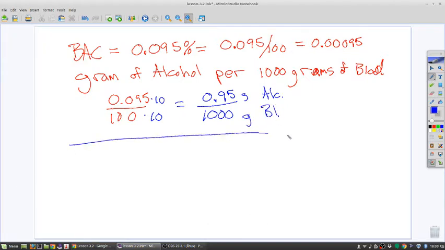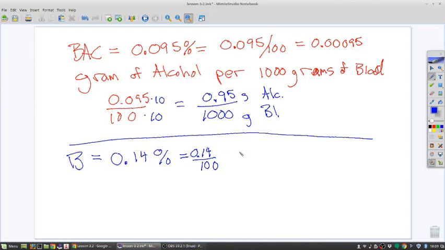Let's try another example. Suppose somebody had a BAC of 0.14. Let's just do 14. That really means 0.14%, which I can look at in a couple of different ways. I could say, hey, that's 0.14 out of 100.